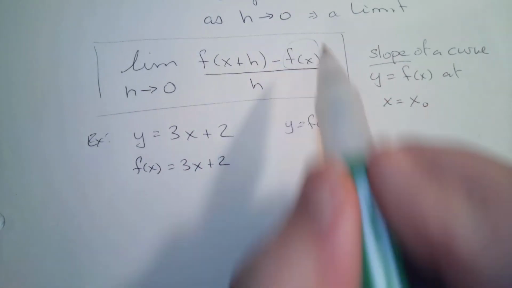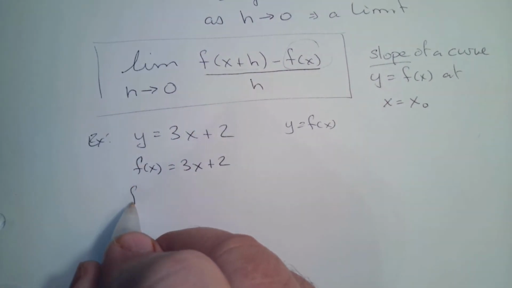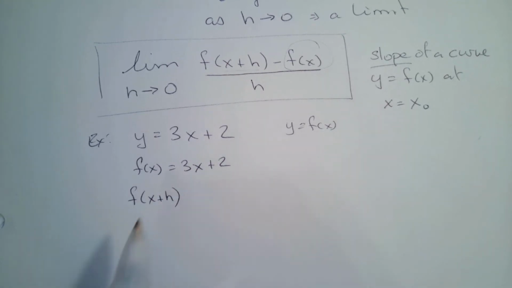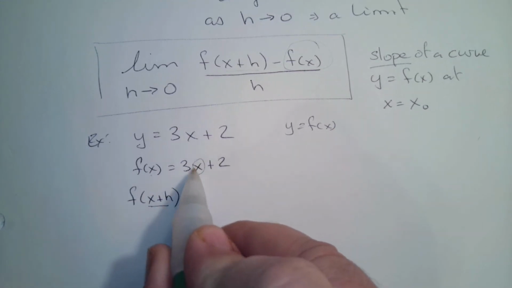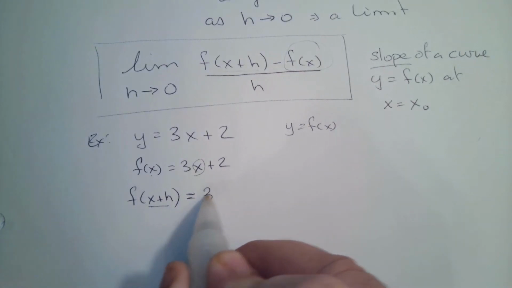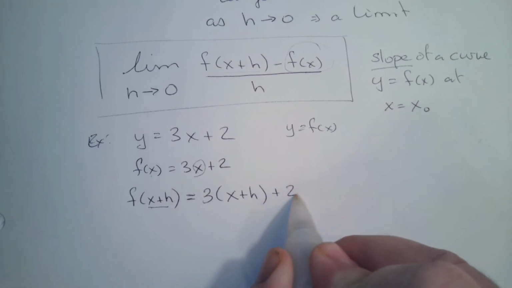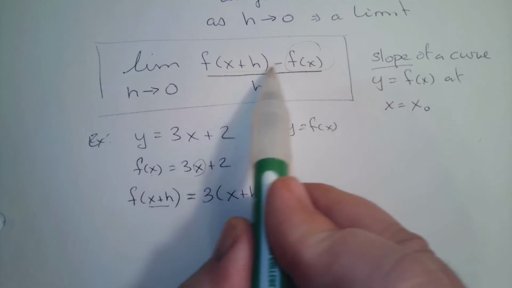But now we need to have a function f of x plus h. What that means, here's our function. Anywhere I see an x, we put an x plus h. So I put an x plus h in place of x. So I have f of x plus h, f of x.